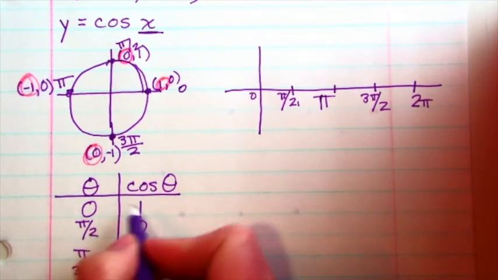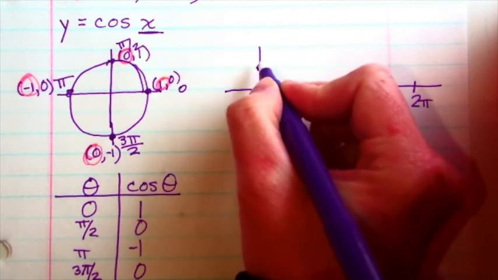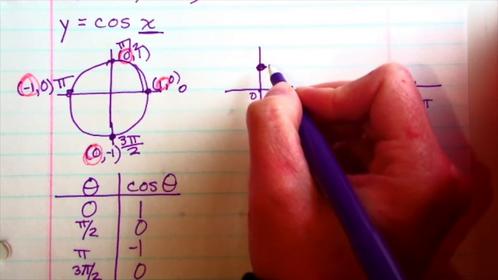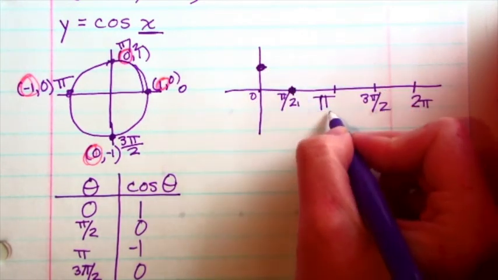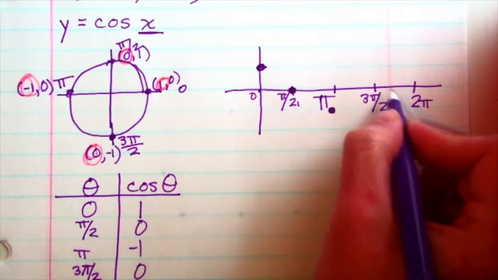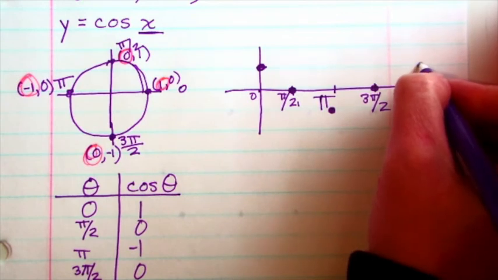So at 0, we're at 1. Notice this time, instead of starting at the origin, we've started up at 1. And then at pi over 2 is at 0. And then at pi, we move down to -1. 3 pi over 2 is at 0. And then 2 pi is back up at 1.